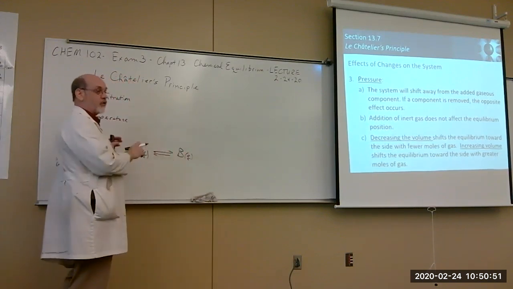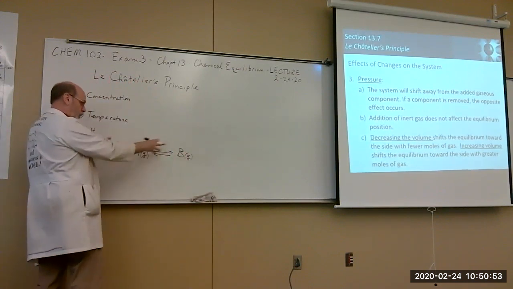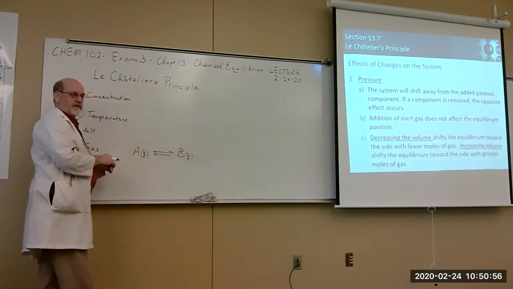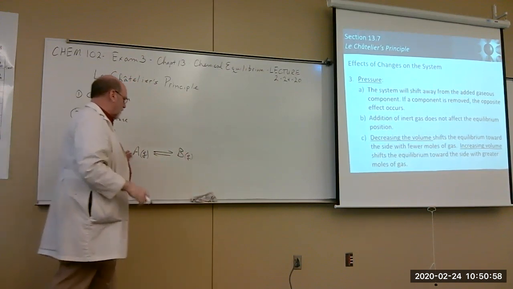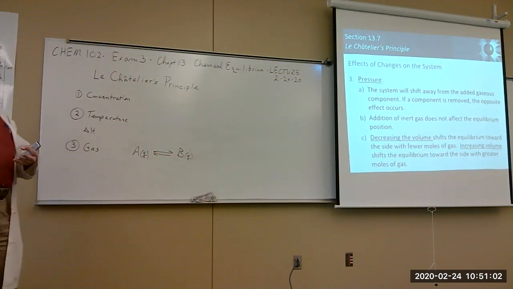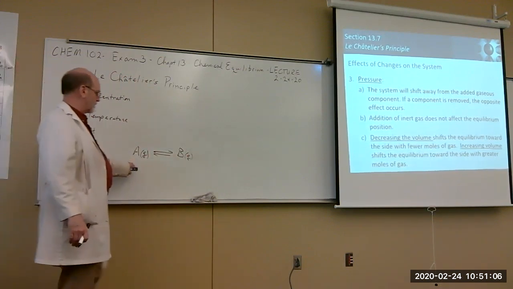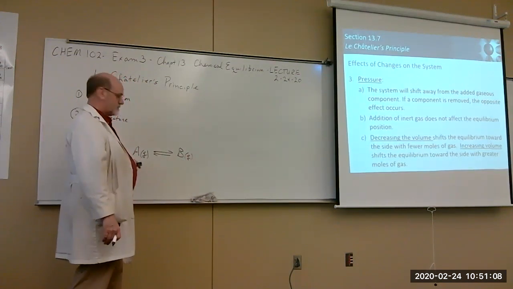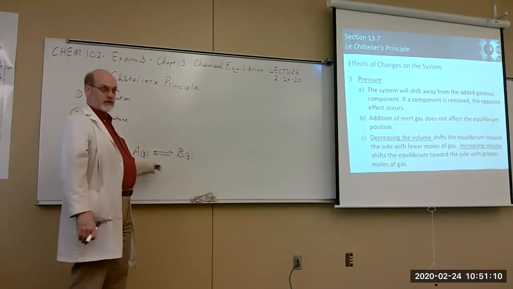Just add up the coefficients. This is 1 to 1. If you've got the same number of moles of gas on both sides of the reaction, increasing or decreasing the pressure has no effect because it does not change the partial pressure of either one to the same ratio as they were before.